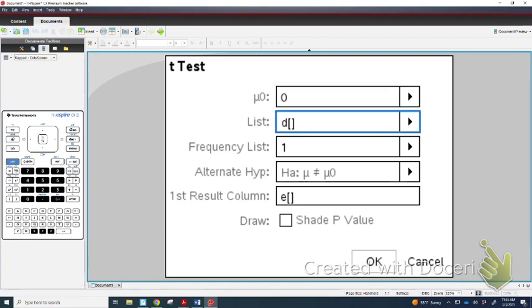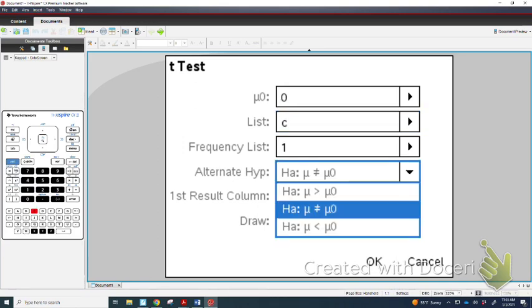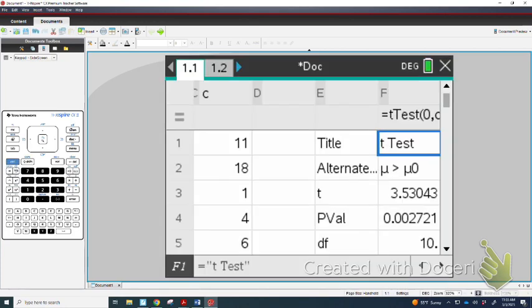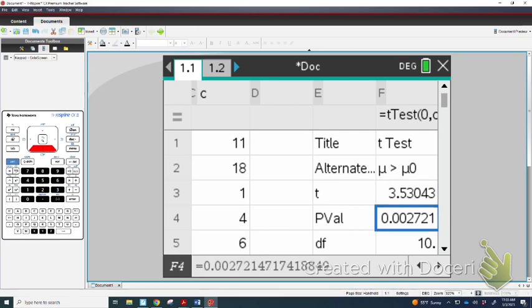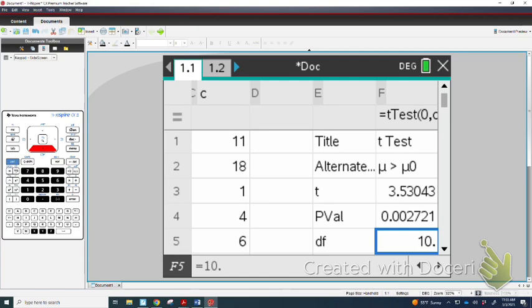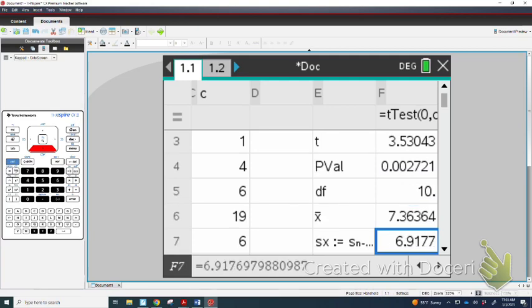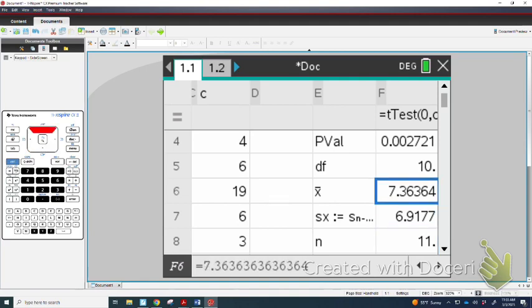The name of my data is C. I think it's positive, and I'm ready to go. There's T, there's the p-value, looks like it's significant. We're going to reject H0. Write down DF. Almost forgot that. There's our mean difference and our standard deviation difference.